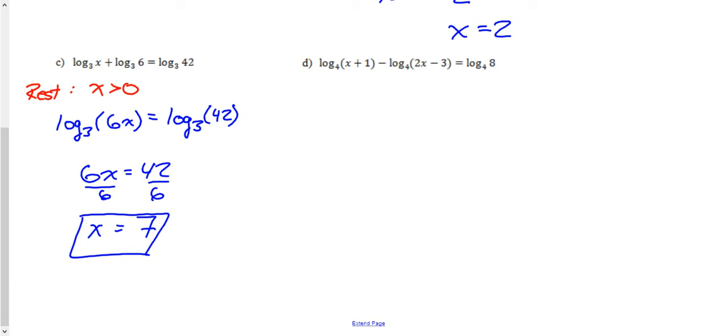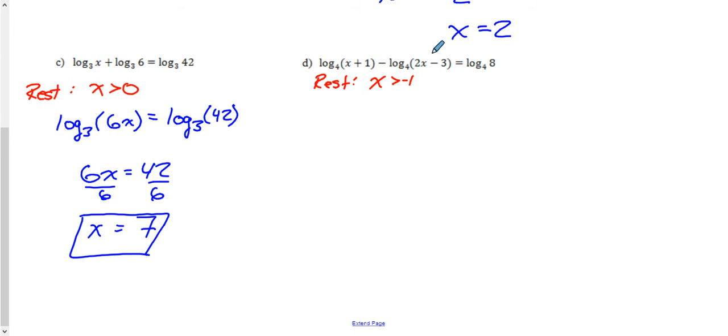In this next example here, again, I want to start off with my restriction. And my restriction is only on x. So here, this just means we had a vertical asymptote at 0. We're shifting it 1 to the left. So this is now x has to be greater than -1.